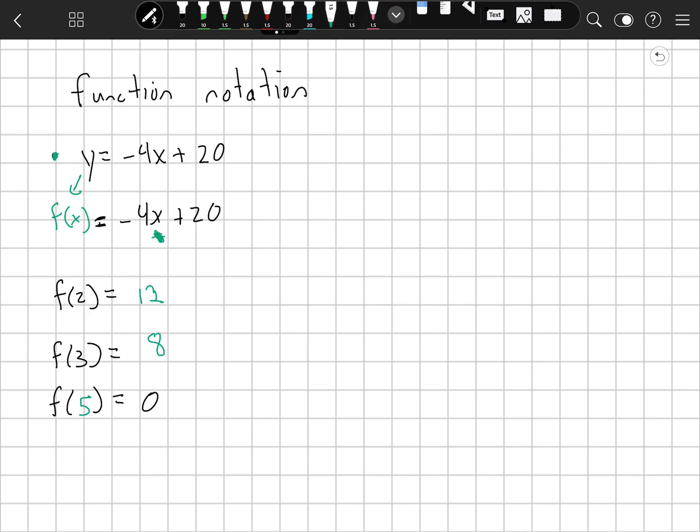There's another reason we use function notation. Let's go ahead and graph this first of all. It looks something like this. We've got days here and money left here. At 2 days, we've got $12.